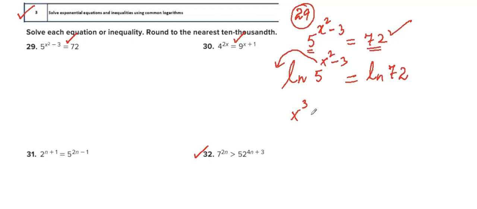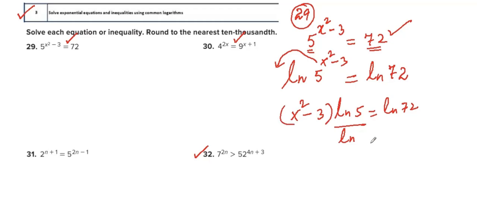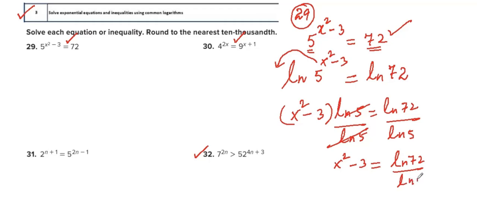So x squared minus 3 times log 5 equals log 72. Divide by log 5, and log 5 and log 5 cancel out. x squared minus 3 is equal to log 72 divided by log 5.